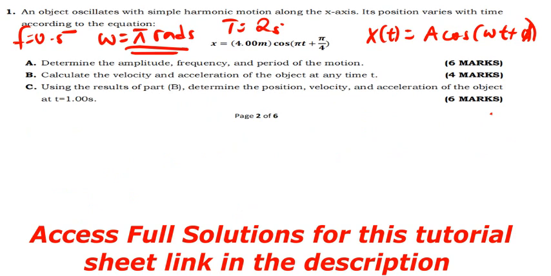Part B: calculate the velocity and the acceleration of the object at any time. So when you are trying to find the velocity at any time, t we have not been given. So to find the velocity from the first equation which has been given, you have to differentiate the function.